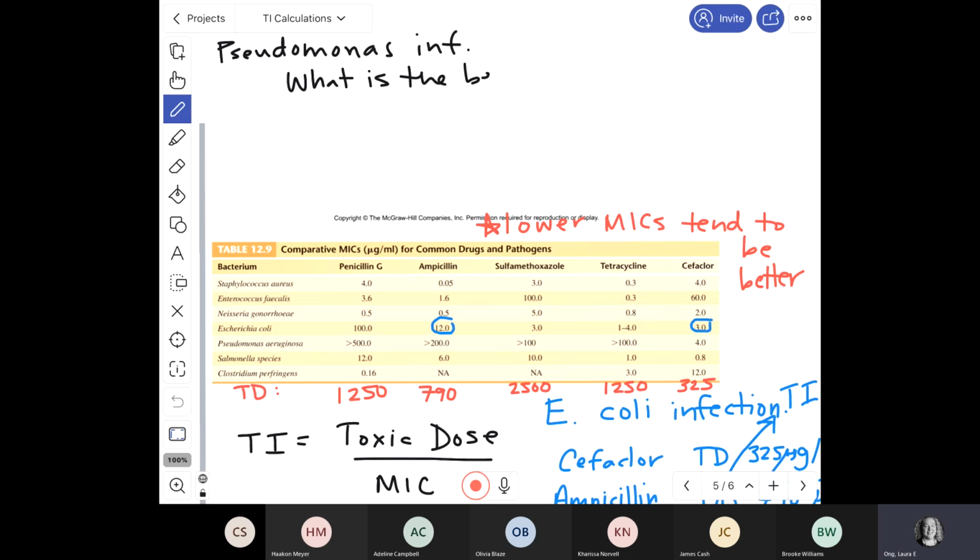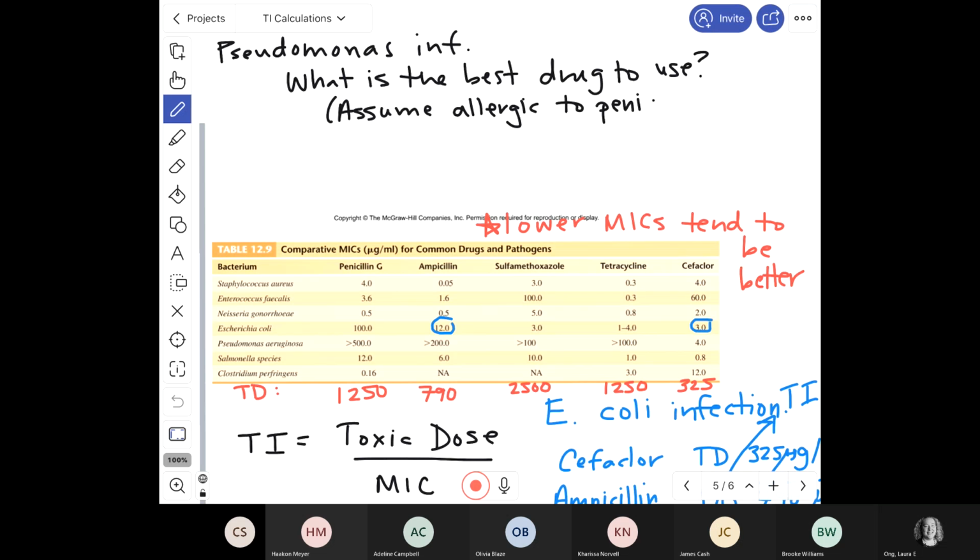What is the best drug to use for this person? And you need to assume that they're allergic to penicillins, the penicillin class of drugs.